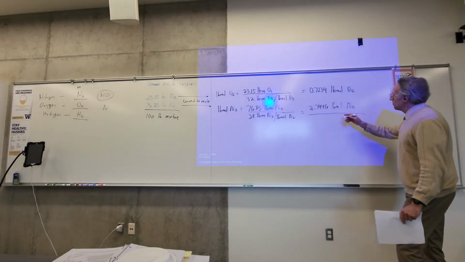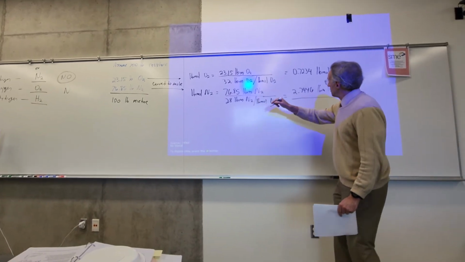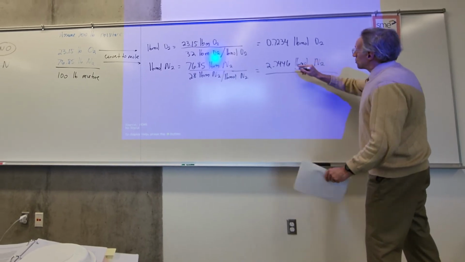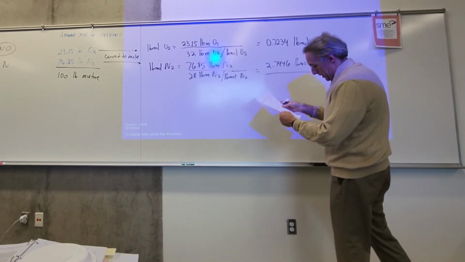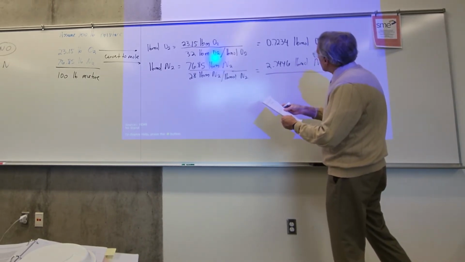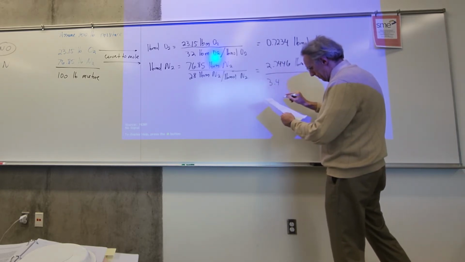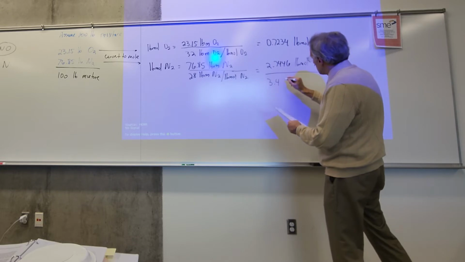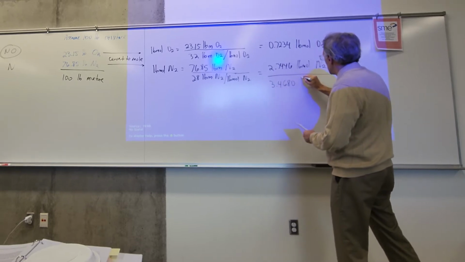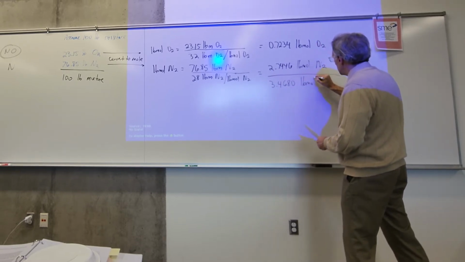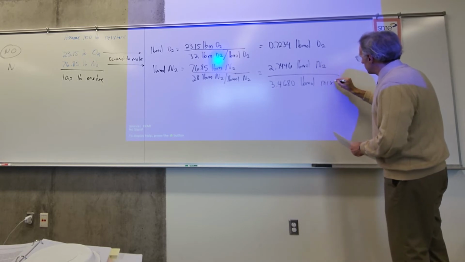But anyway, pound mass and pound mole. So we add them up and we get 3.4680 pound mole of our mixture.